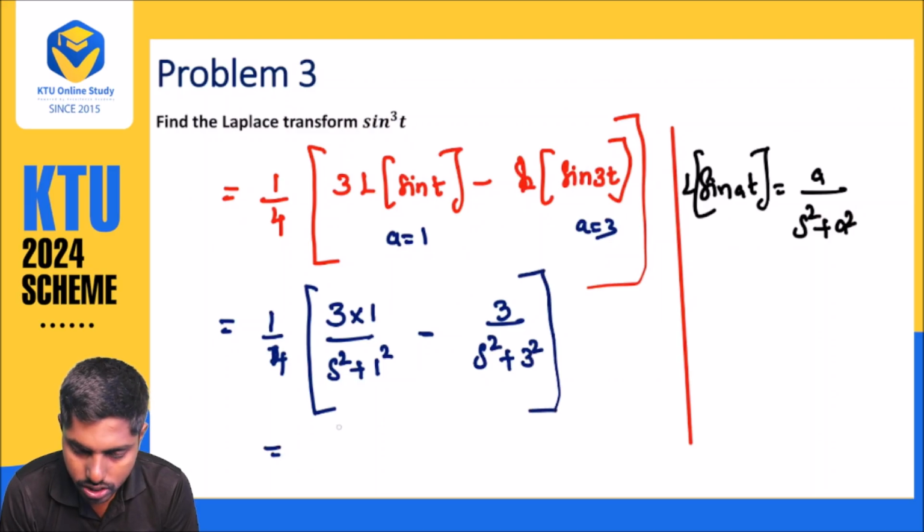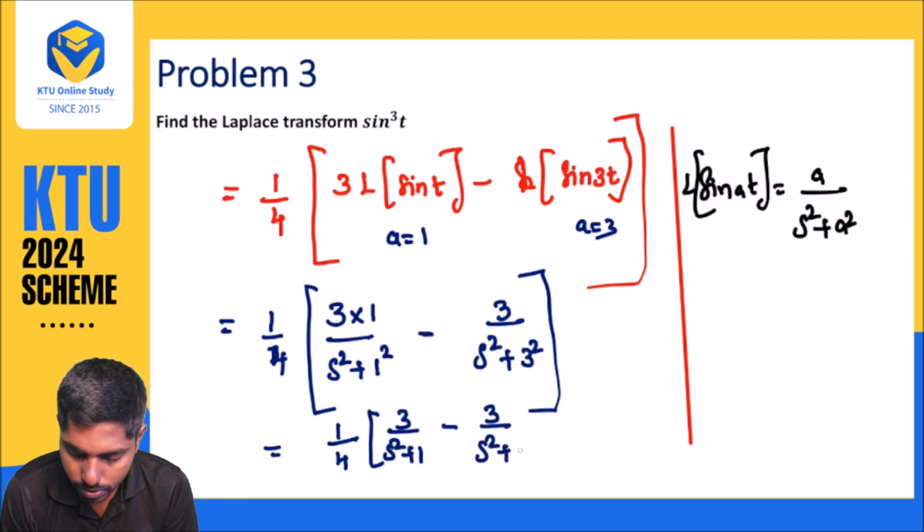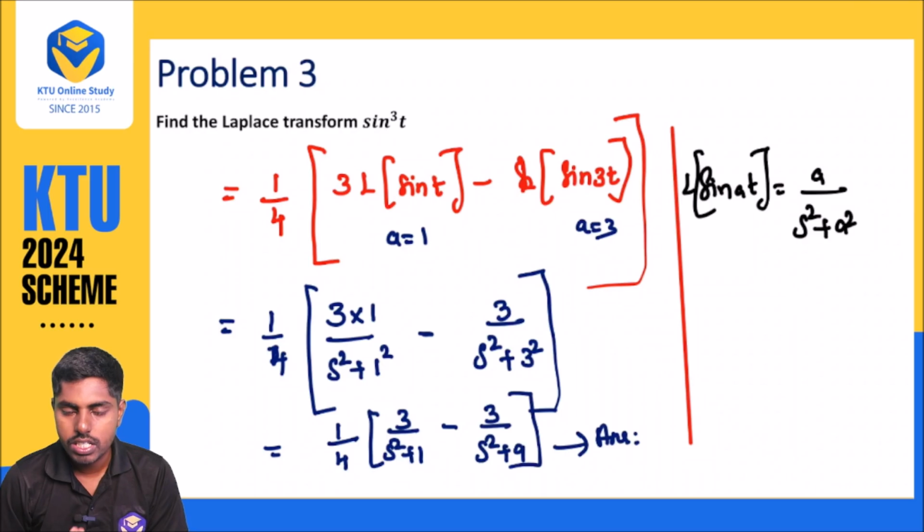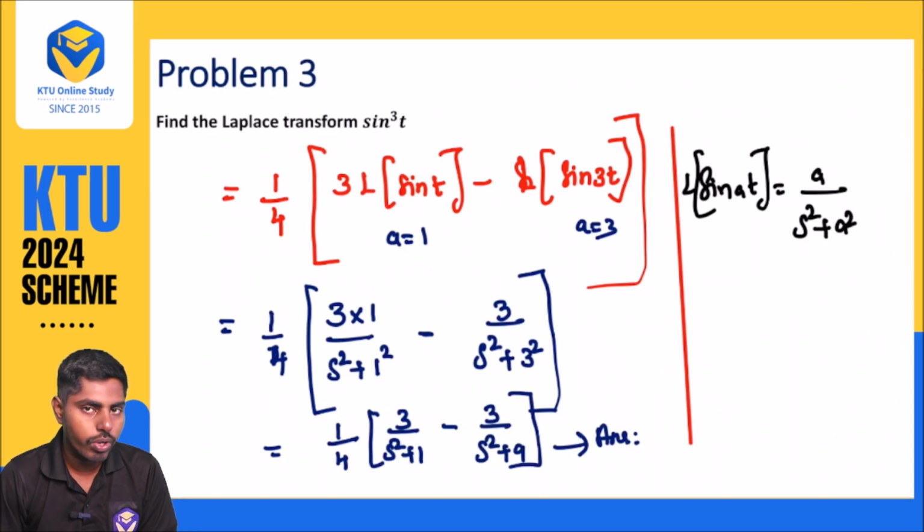So our required answer is 1 by 4 times 3 divided by s square plus 1 minus 3 divided by s square plus 9. This is our required answer. If you want to simplify, you can simplify also, but this is enough for a 3-mark sum.